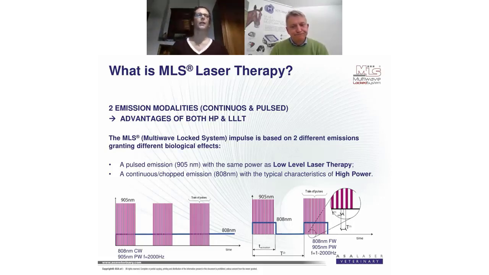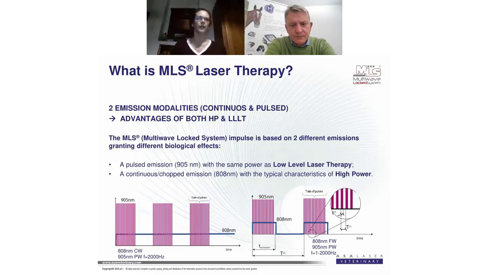Yes, but you cannot use the continuous wave too much, because it's not useful to give too big an amount of energy.